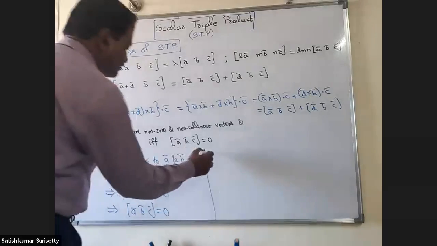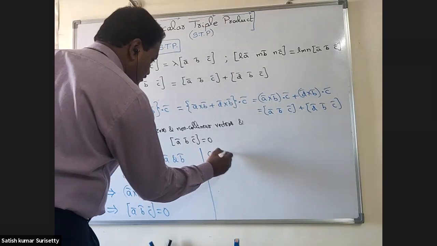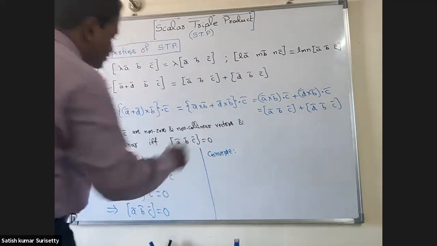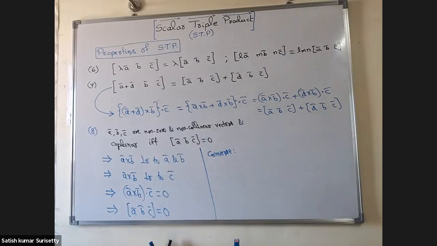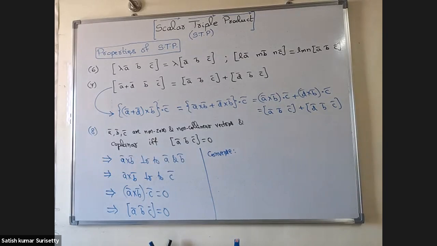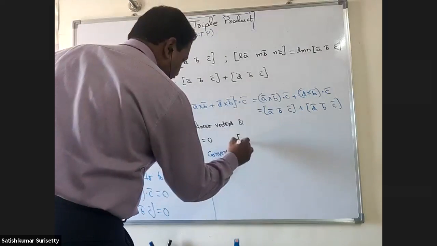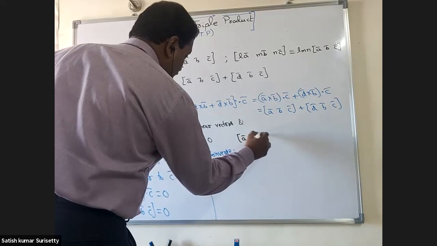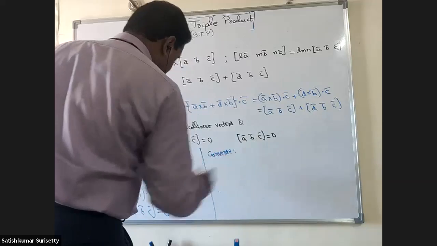Converse. So if the scalar triple product of A bar, B bar, C bar is 0, you have to prove that they are coplanar. Exactly in the backward steps you can apply, or else write the steps. We can also use the scalar triple product of A bar, B bar, C bar equal to 0.